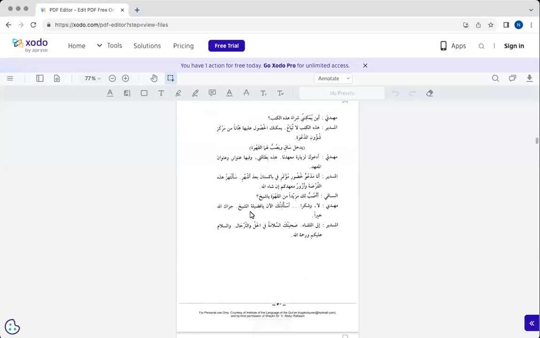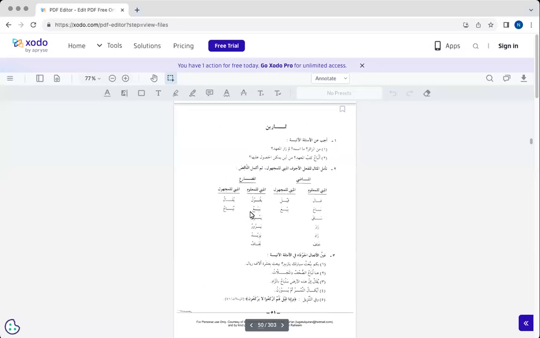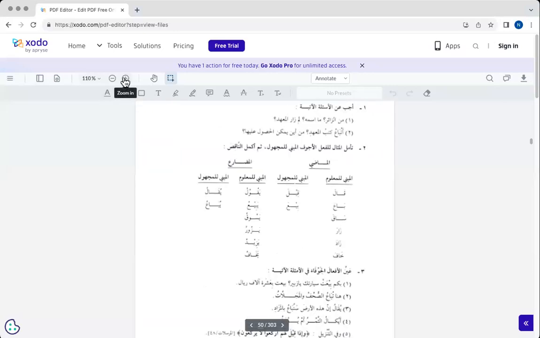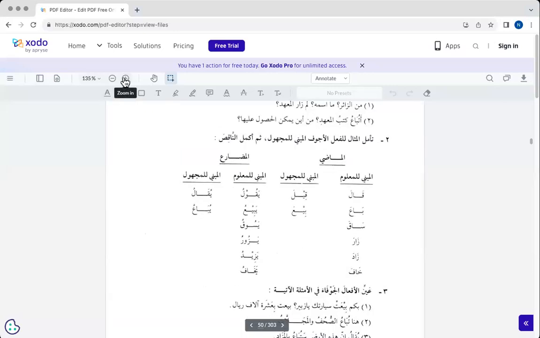So, Alhamdulillah, back to our lessons in Madeenah Book 3 Arabic. We are currently looking at the exercises in Ad-Dars al-Khamis.